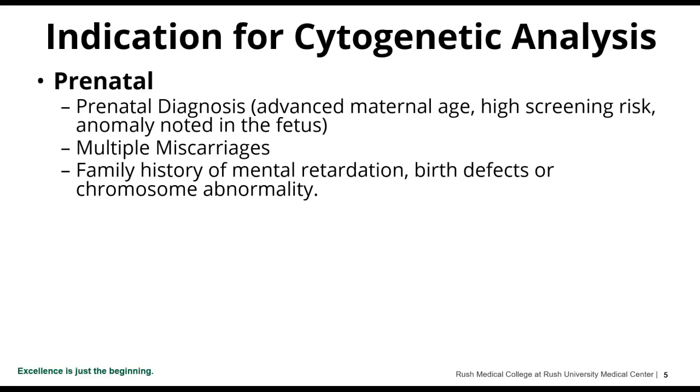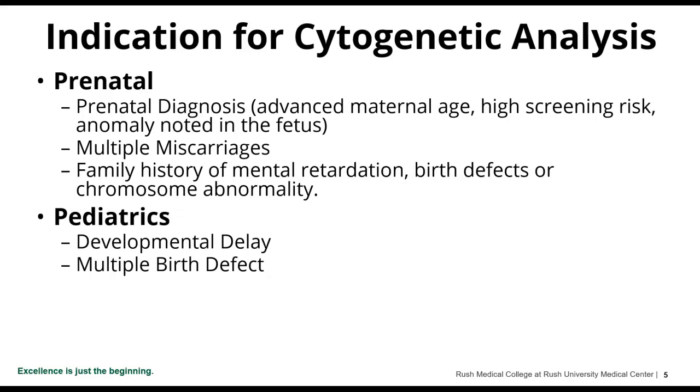And a family history of mental retardation or cognitive delays, birth defects, and or a chromosomal abnormality. In pediatrics, a child with developmental delay, multiple congenital anomalies, multiple birth defects, a problem with fingers and toes and legs and a heart and kidneys.